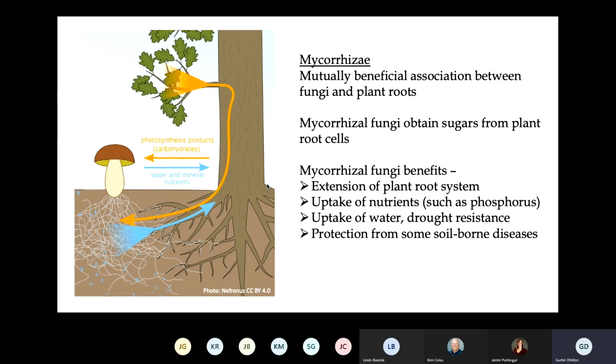They also increase the absorptive surface area, which helps in the uptake of soil nutrients, especially the immobile nutrients like phosphorus. They can also help with the uptake of water, thus helping with drought resistance for plants, and also sometimes protect them from soil-borne disease or fungal pathogens by competing for the infection sites.